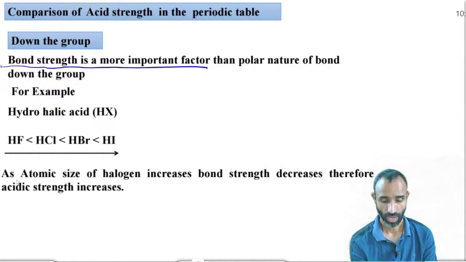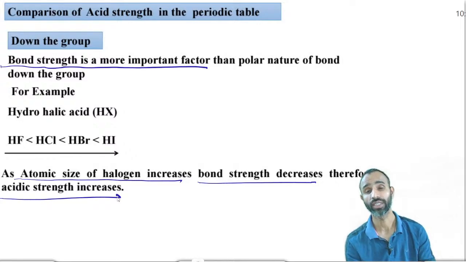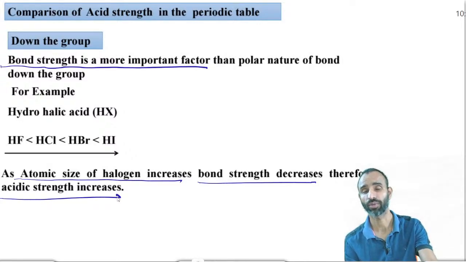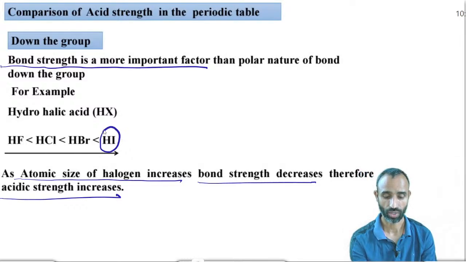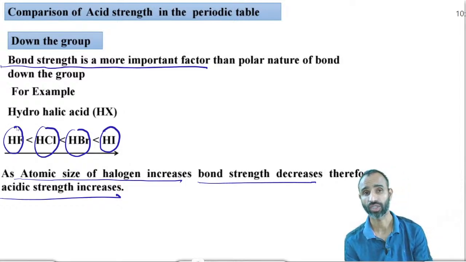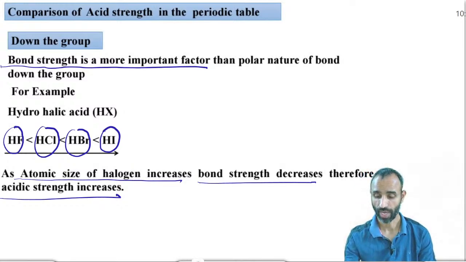So as atomic size increases, bond strength decreases, and therefore it is easier to get H+ ion. Therefore, acidic strength increases. So HI is a stronger acid than HBr. HBr is stronger than HCl and HCl is stronger than HF. As we go down the group, acidic strength of hydrogen halides increases.